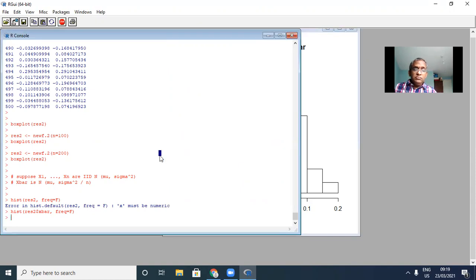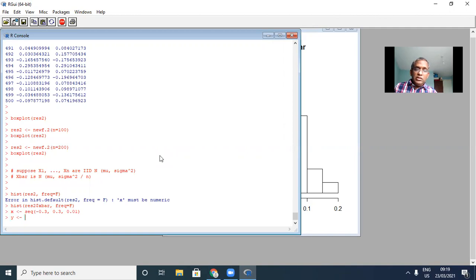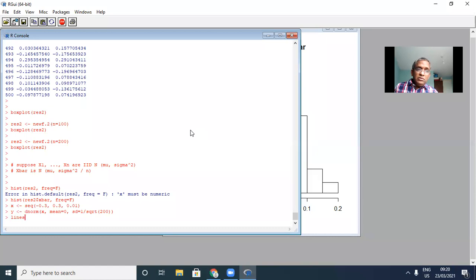Let me take x to be a sequence from minus 0.3 to 0.3 in small steps, and y to be the density of the normal at x with mean equal to 0 and standard deviation 1 divided by the square root of n. Now n in this case is 200, so it's 1 divided by square root of 200. You follow me? And finally, I use the lines command.